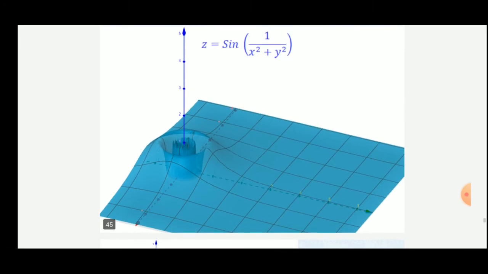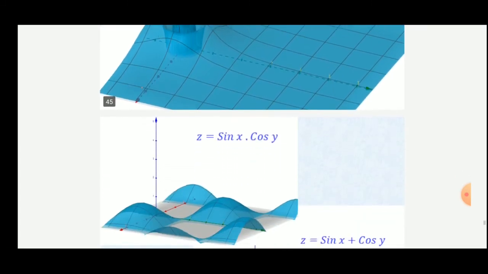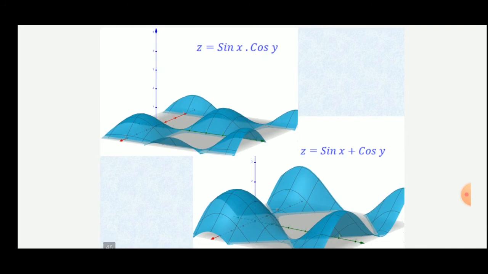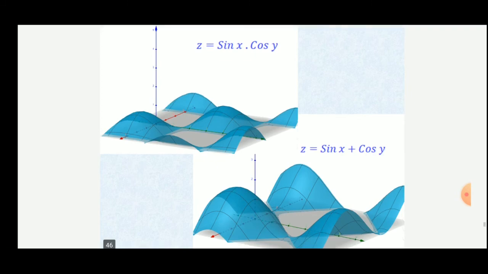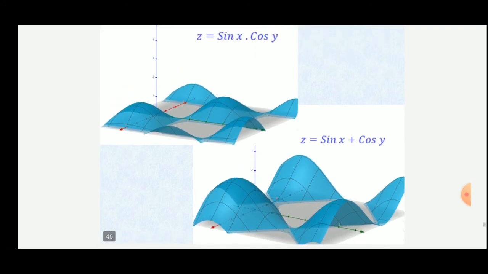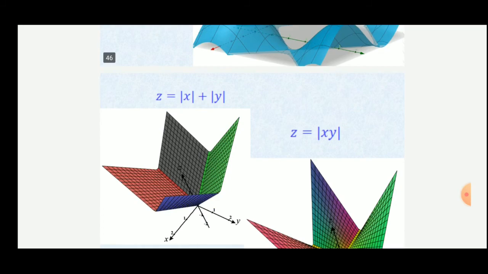The next one is z equal to sin of 1 upon x square plus y square. The next one is sin x into cos y and sin x plus cos y. The functions are well defined on R2.